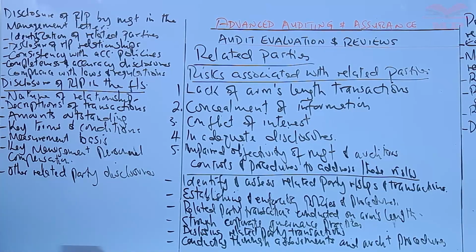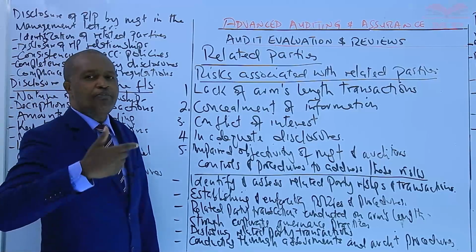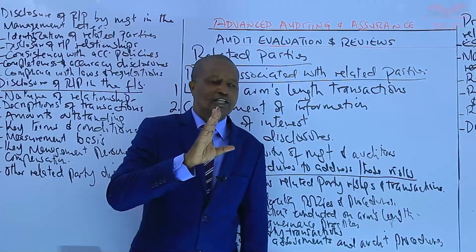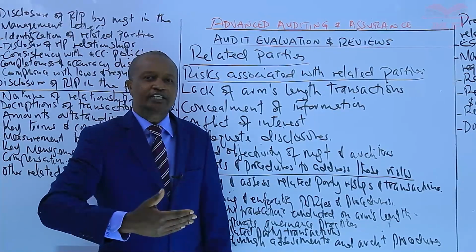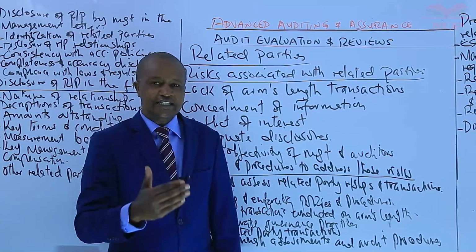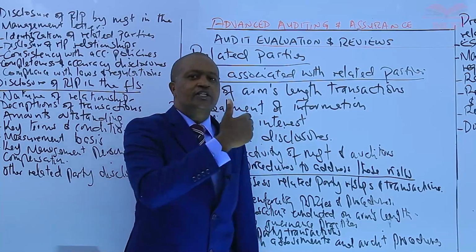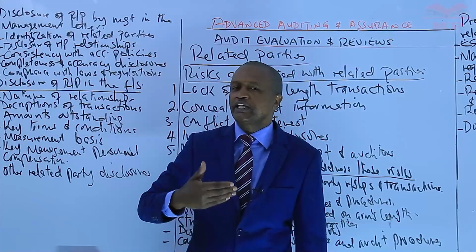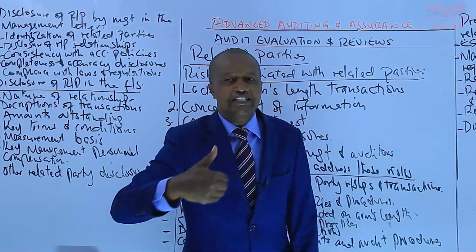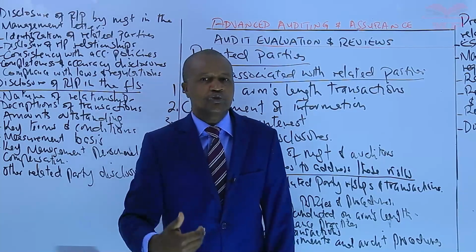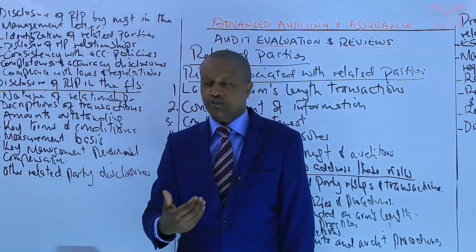Now, candidates, the purpose of disclosing related parties in the financial statements is to provide users with a clear understanding of the entity's relationships with related parties, and also the potential impact of those relationships on its financial position, on its financial performance and cash flows.